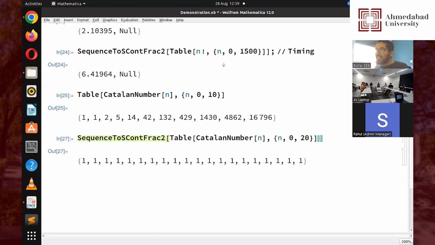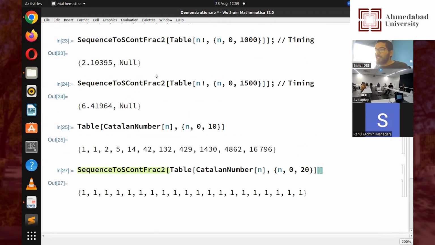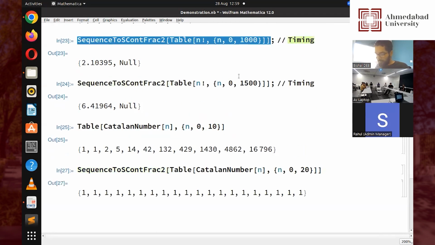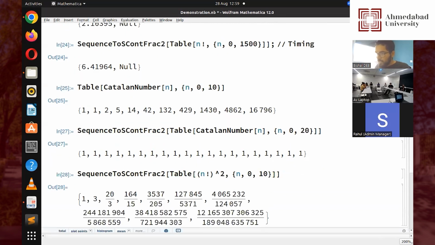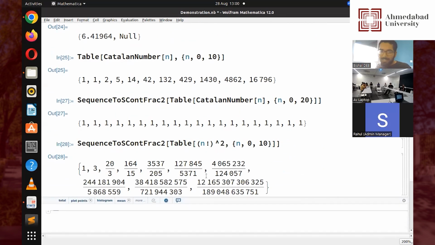But let me also do something where you may not be able to guess a formula. Let me do n factorial squared. And you see, you have these horrible rational numbers appearing, and I cannot guess what they are. Alan Sokal cannot guess what they are.